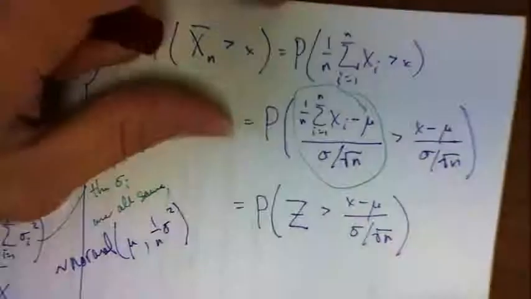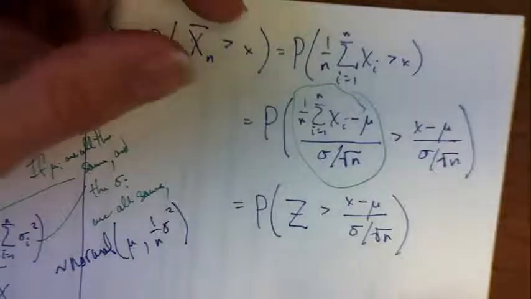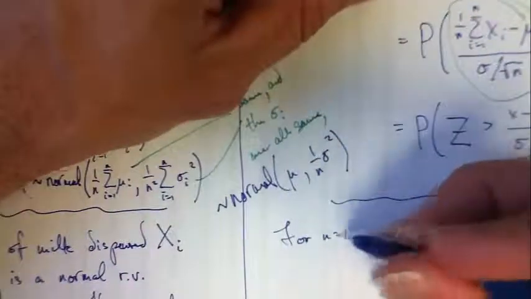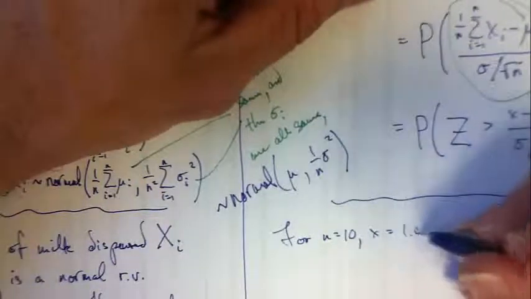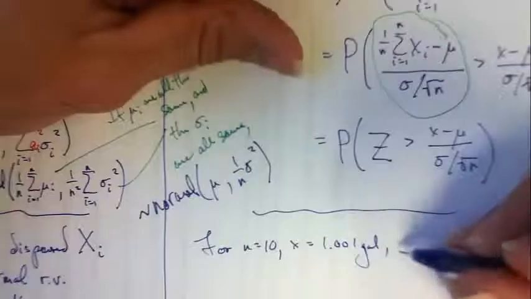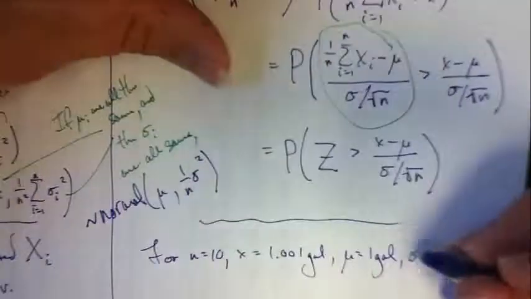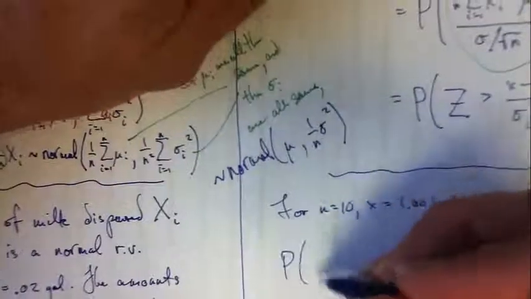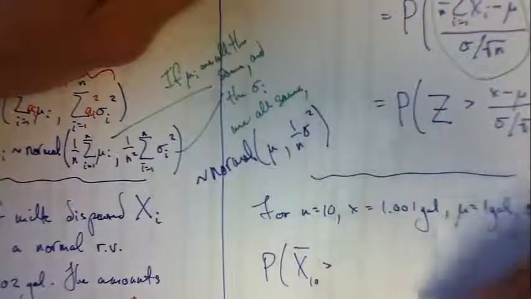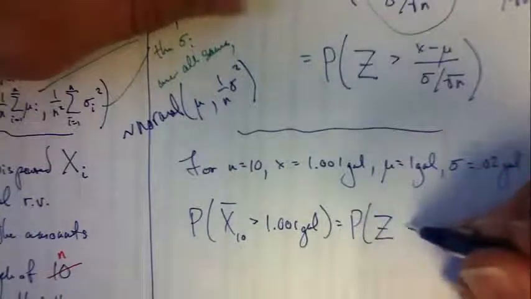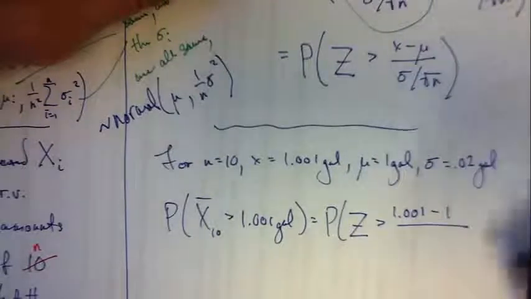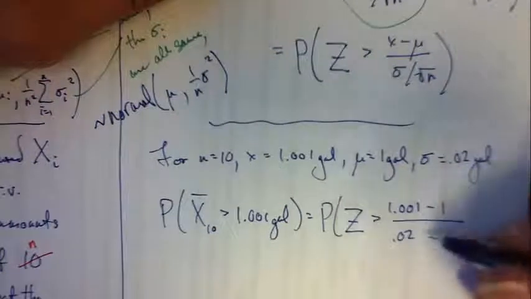Let's say for the special case where n equals 10 and x equals 1.001 gallons, and our mu is 1 gallon, and sigma was 0.02 gallons, then the probability that a sample of size 10 exceeds 1.001 gallons is the same as the chance that a standard normal exceeds (1.001 minus 1 gallon) divided by 0.02 over root 10.